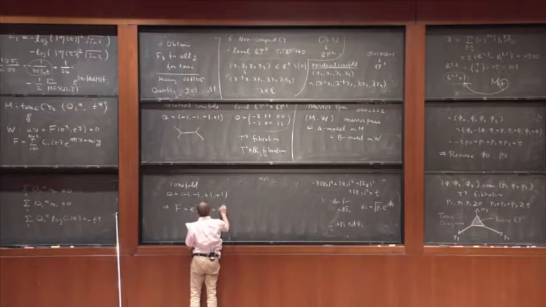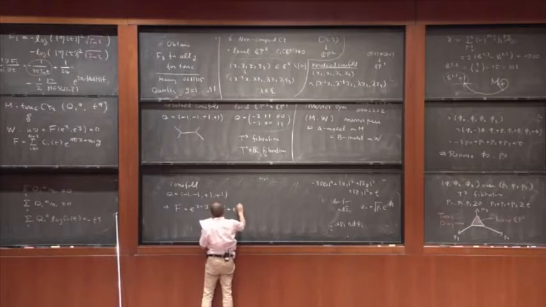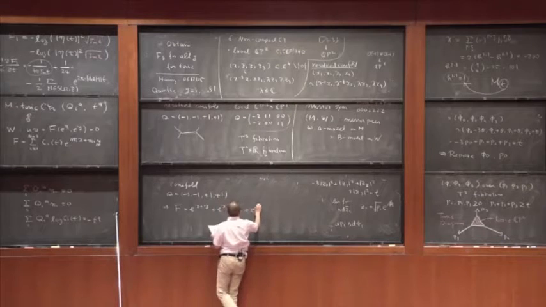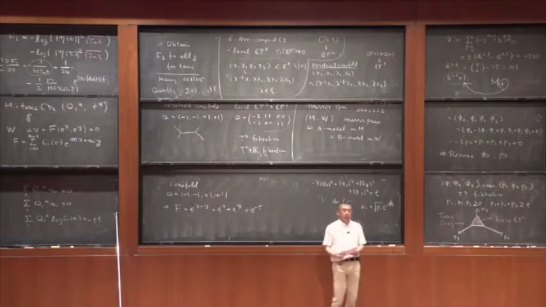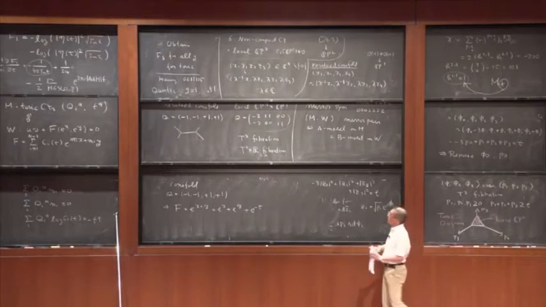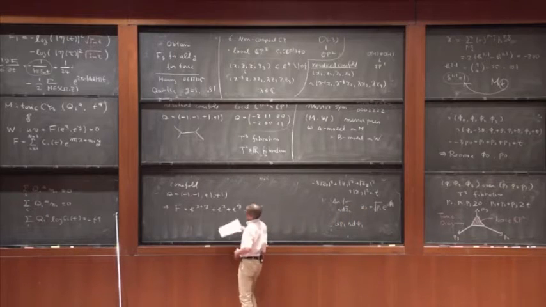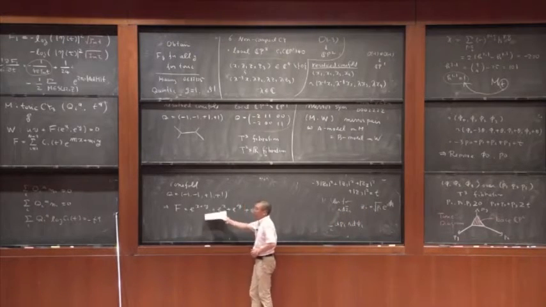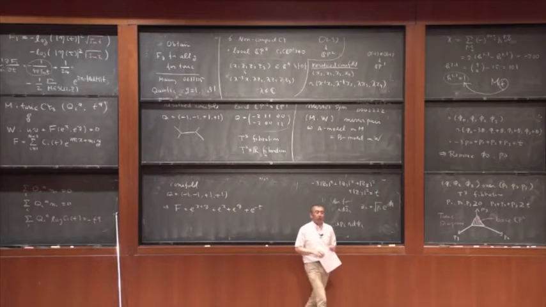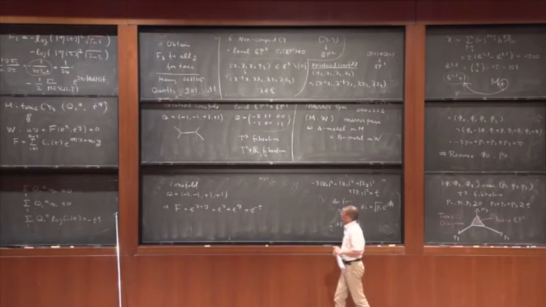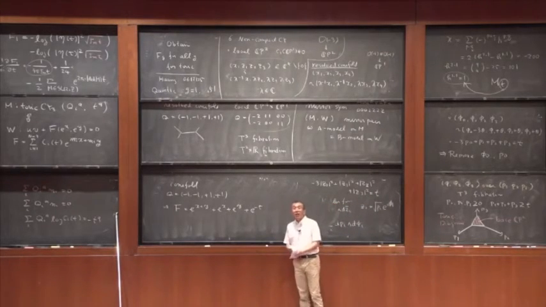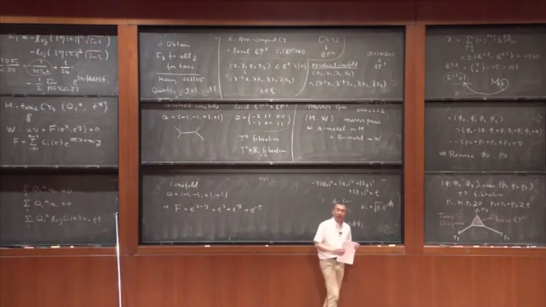So you can identify the mirror partner of the conifold. You can reduce the instanton computation on the conifold A model to a classical geometric computation in this mirror B model. Okay? I think this is a good time to stop, so I can pause and ask for any questions. Thank you.